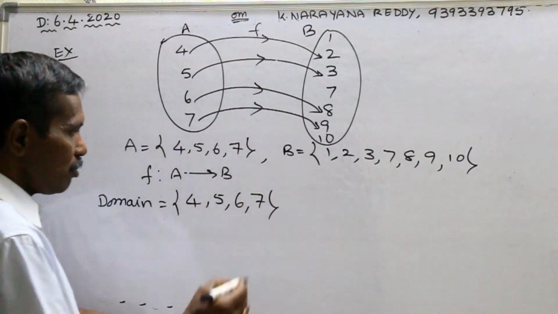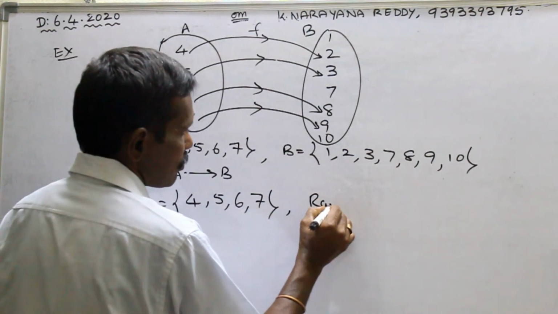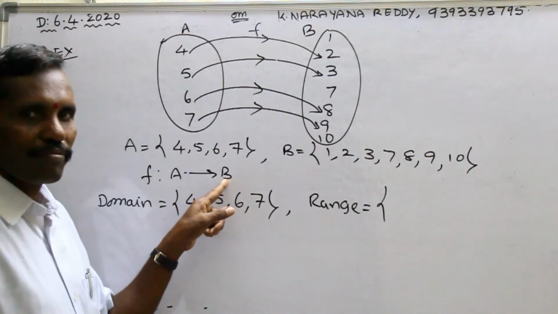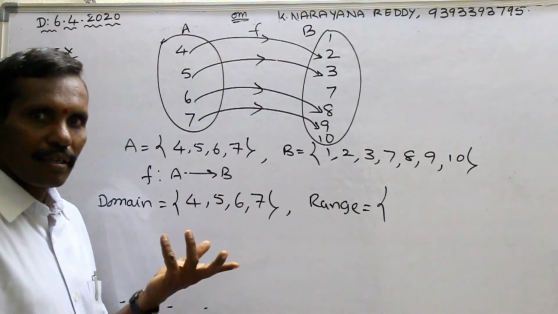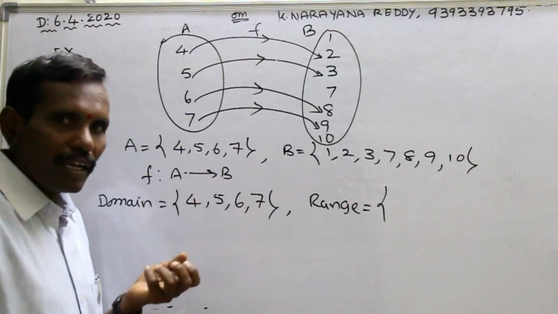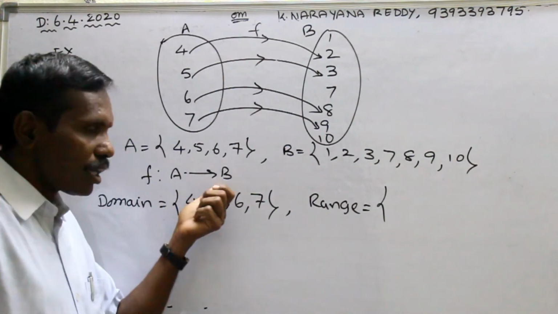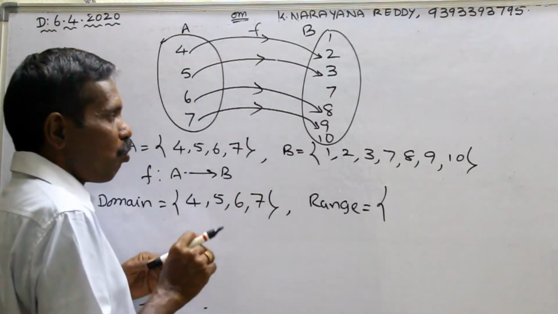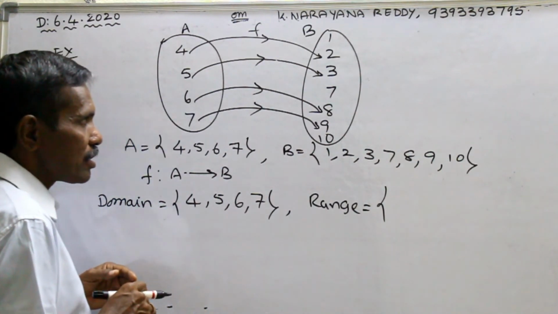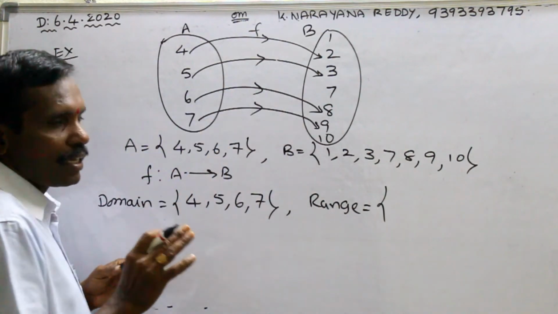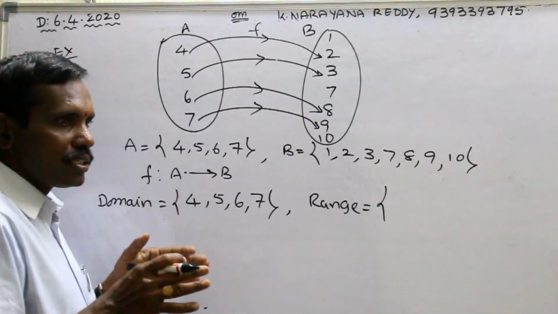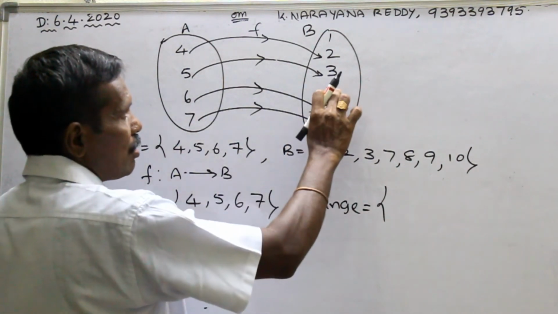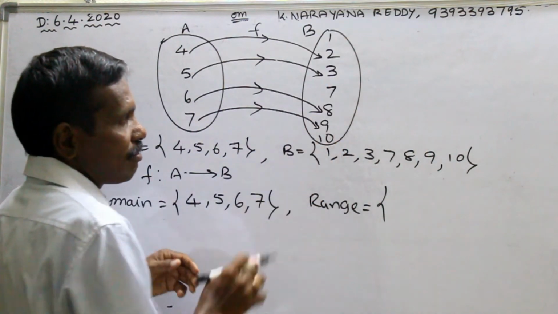Okay, good. Now range, the output values. B is nothing but the resulting values, output values. Those are range values or range variables. But here you can take only those values to which there are relations from A to B. Only at that time can you take the values belonging to range. You don't take other values like 1, 7, 10.